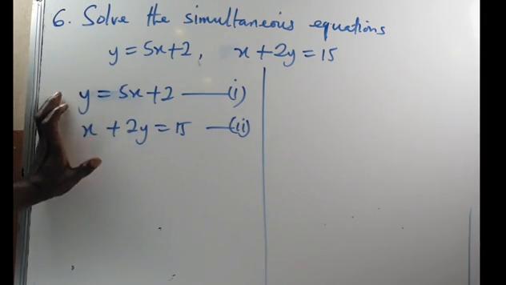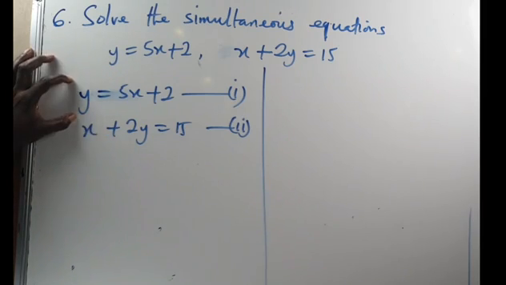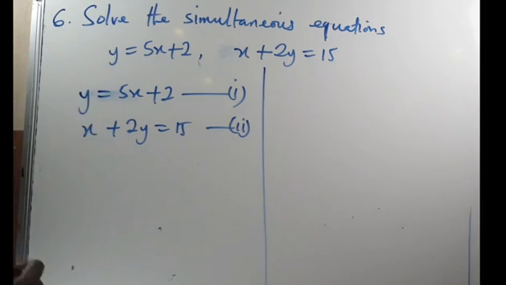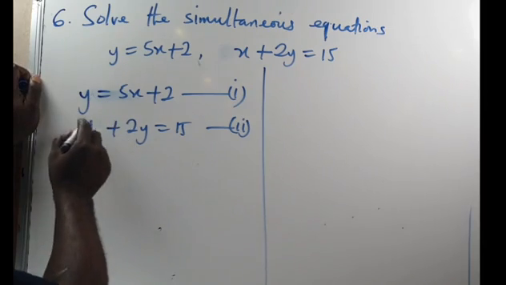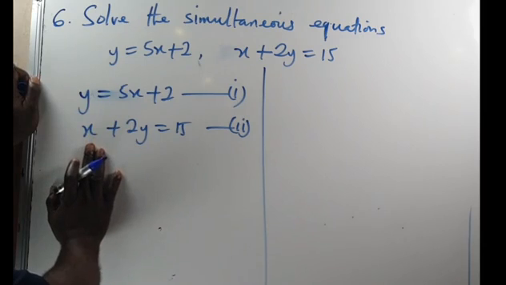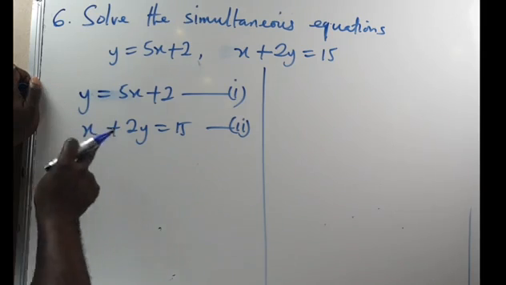We have three methods of solving simultaneous equations, as you all know: the elimination method, the substitution method, and the graphical method. Substitution method will be applicable here because y has been made the subject of the formula.